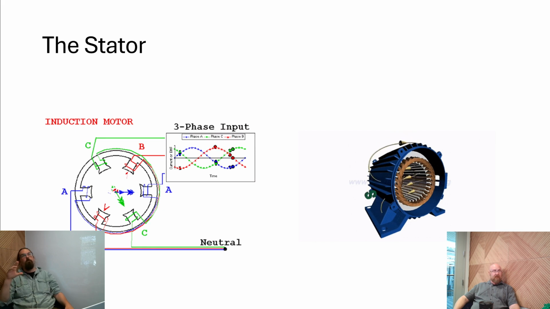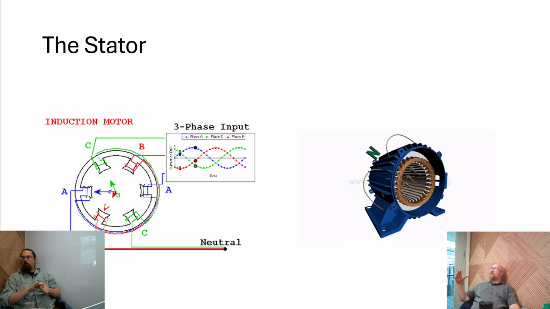The stator's role in an AC induction motor is to generate this rotating magnetic field. So in other words, nothing is actually physically rotating in this, but what is rotating is that magnetic field.